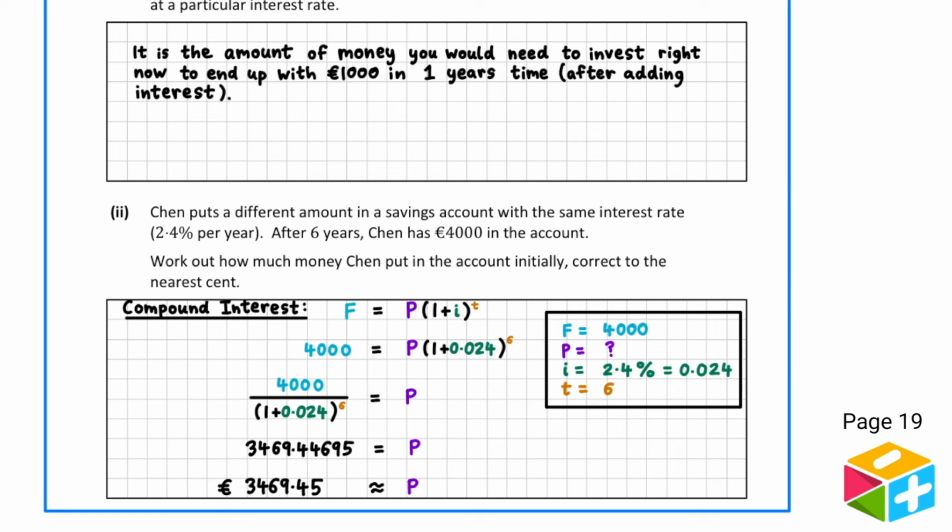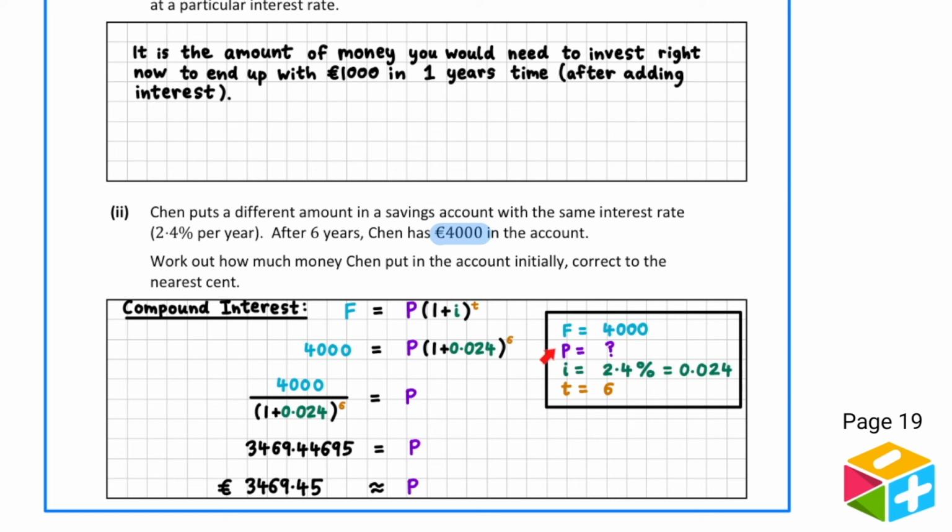To solve this, we'll turn to our compound interest formula once again. F is equal to P times 1 plus I all to the power of T. F represents the final value, and we know that Chen ends up with €4,000, so F is equal to 4,000.